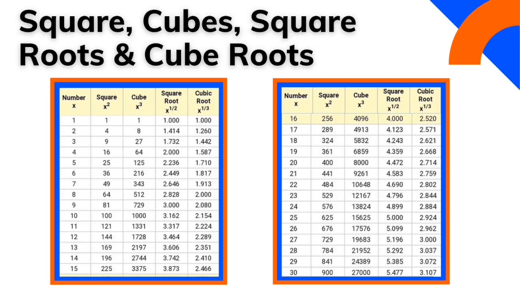It will be extremely good if you can memorize all these squares, square roots, cubes, cube roots up to 30. But for the purpose of finding squares of integers, I will suggest at least you memorize the squares up to 25. Let us learn short trick for finding squares of integers.